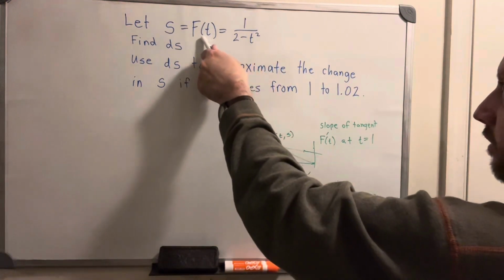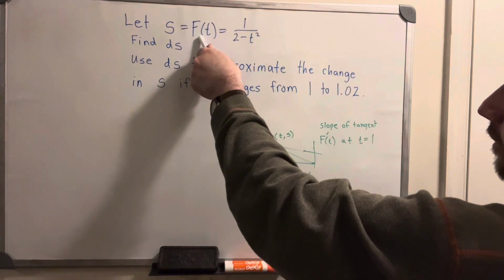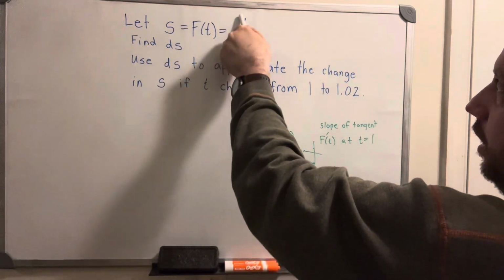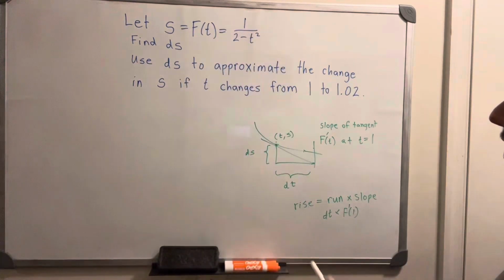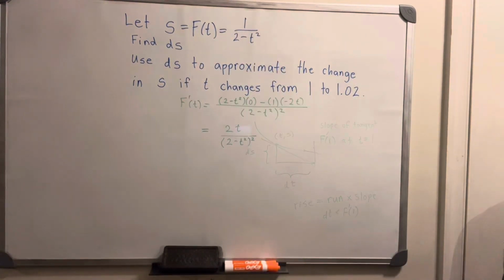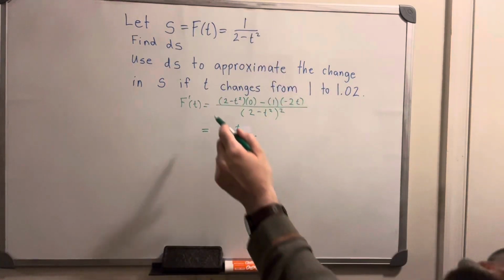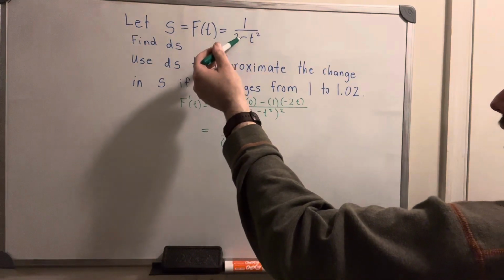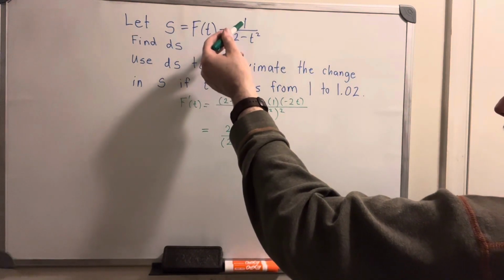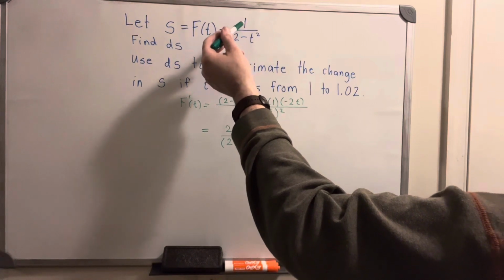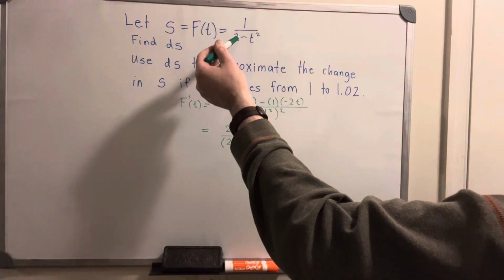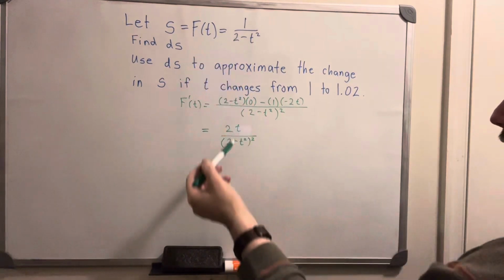Let's find the derivative function of f of t. Let's find f prime of t if f of t is 1 over 2 minus t squared. So using the quotient rule right here, you remember it's the lower function times the derivative of the higher function minus the higher function times the derivative of the lower function, all divided by the lower function squared.